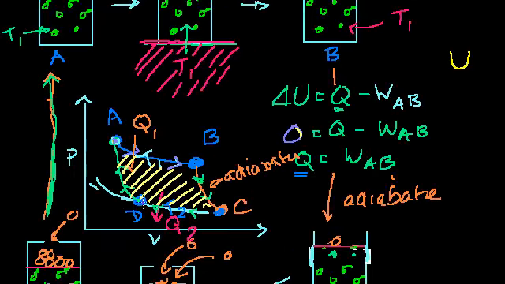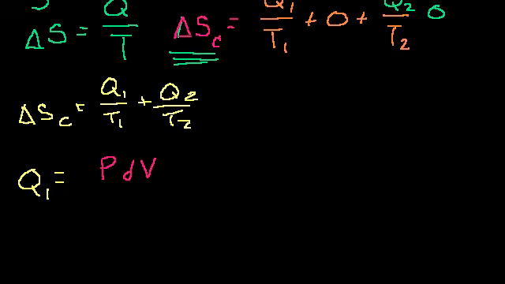This dV is this little change in volume right there times pressure. That makes a little rectangle. And then we sum up all the rectangles from our initial volume, which is VA, to our final volume, which is VB. And then what's Q2 going to be equal to?